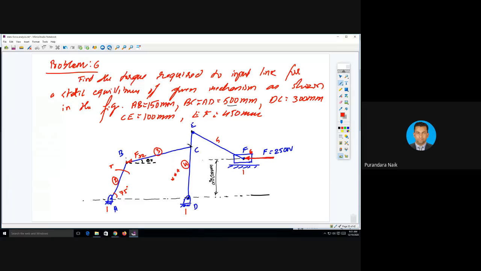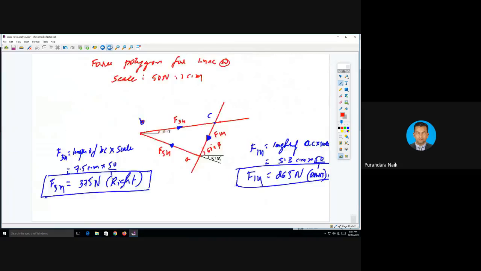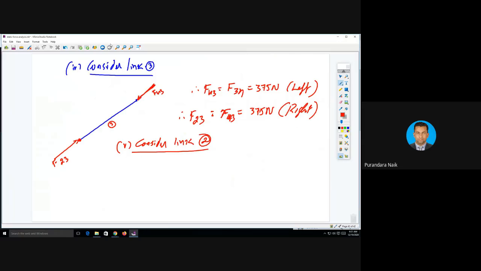AB is 150 millimeter, scale 1. Now, what is the force angle?